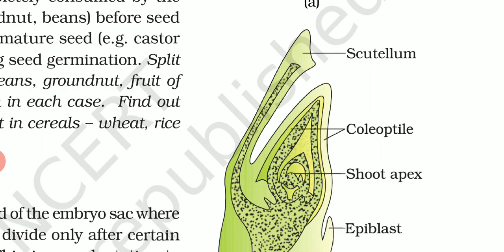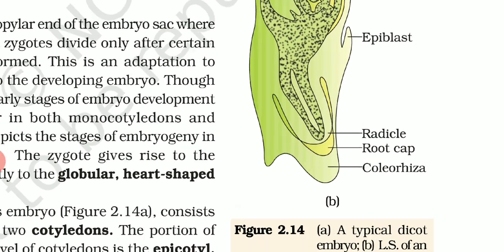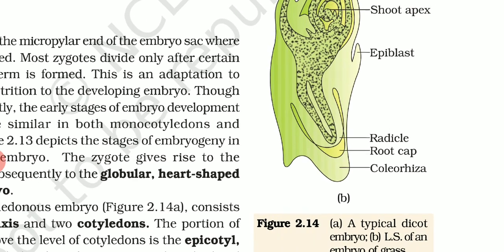Okay, now this embryonal axis has the radicle on its lower side. You can see the radicle, but the radicle is not exposed, it is covered by an undifferentiated sheath. And what is this undifferentiated sheath called? This is called the coleorhiza. Rhiza means roots, so the coleorhiza is that part of the sheath that protects the radicle from damage.